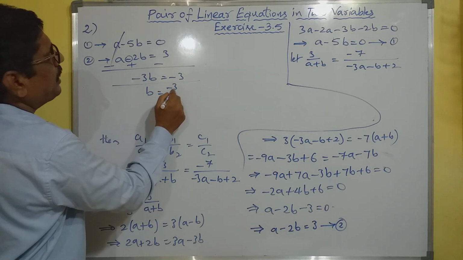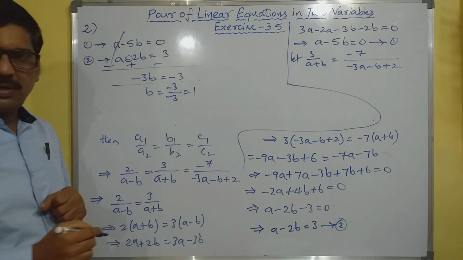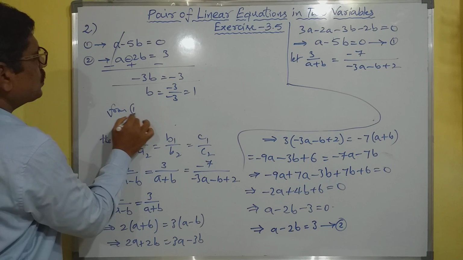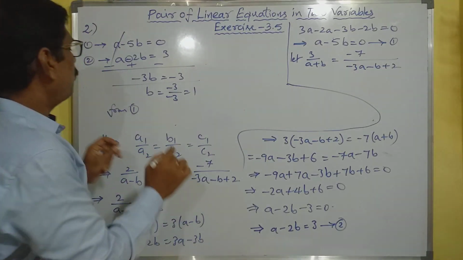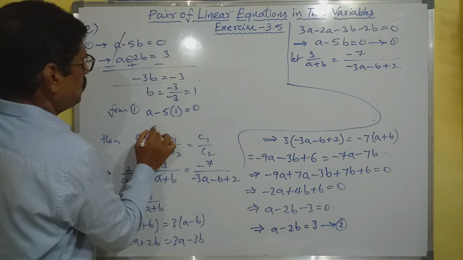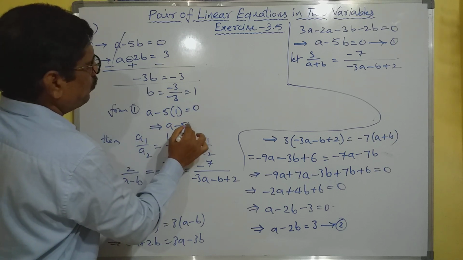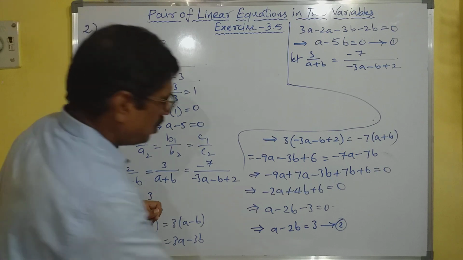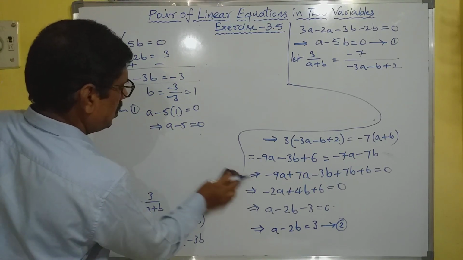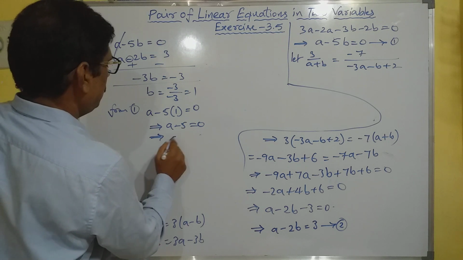Therefore B is equal to minus 3 by minus 3, that is equal to 1. Now let us substitute this B value in the first equation, A minus 5B. A minus 5 times the B value 1 is equal to 0. This implies A minus 5 is equal to 0. This implies A is equal to 5.